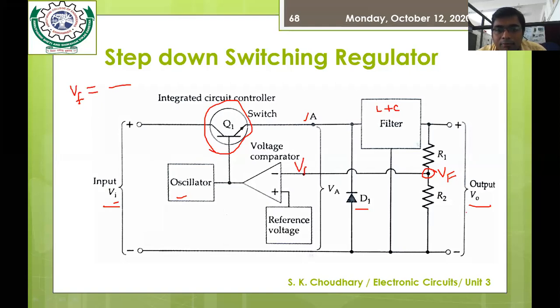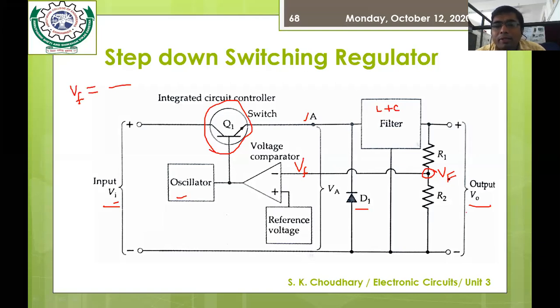Here we are getting the Vf coming out from this particular network, R1 and R2 in series. Simply, can anyone tell the value of this Vf? What rule do we have to apply here? No one is responding.